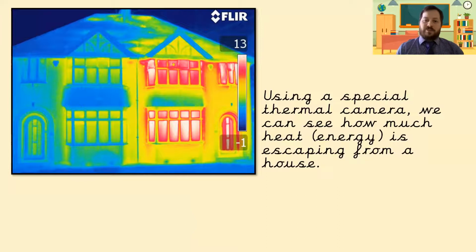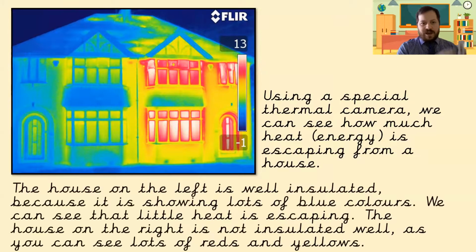So this is a really good image because the house on the left here shows a lot of blue areas. Yes, there are some yellow areas, and we can talk about where they are. But actually, there's not a lot of heat coming out of the house. Whereas on this image here, you see a lot of reds and yellows, which means a lot more heat is escaping. And this is due to the difference in insulation in the two houses.